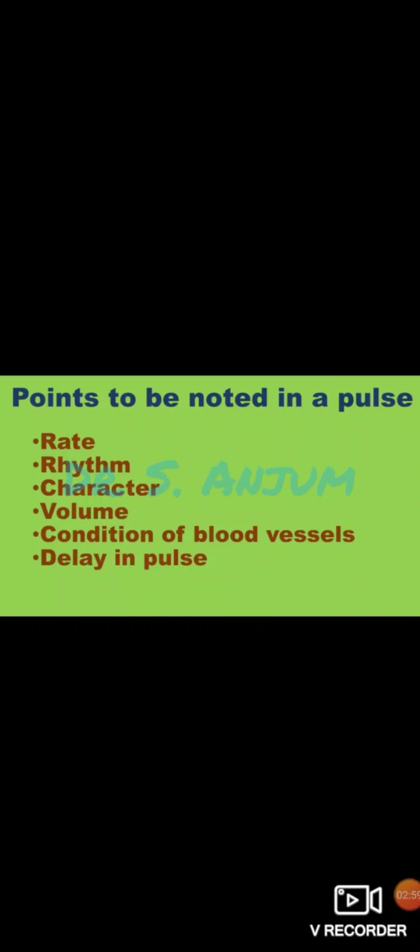Suppose you got 80, you have to say pulse rate is 80 beats per minute, rhythm is regular, character is normal, volume is normal, condition of arterial wall, whatever you get, hardened or soft or normal, and you have to say there is no delay in pulse.